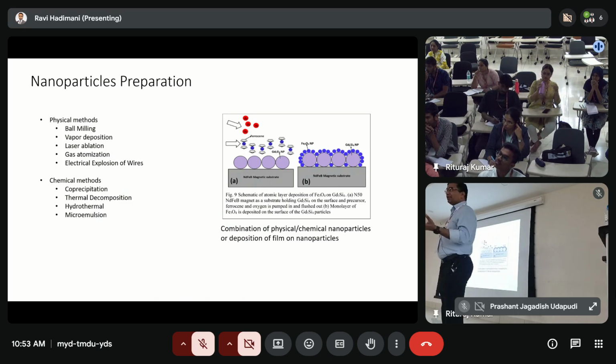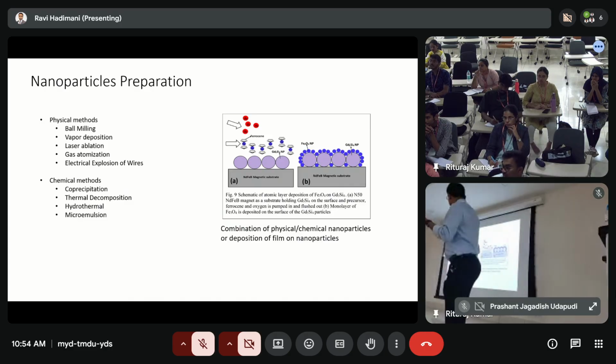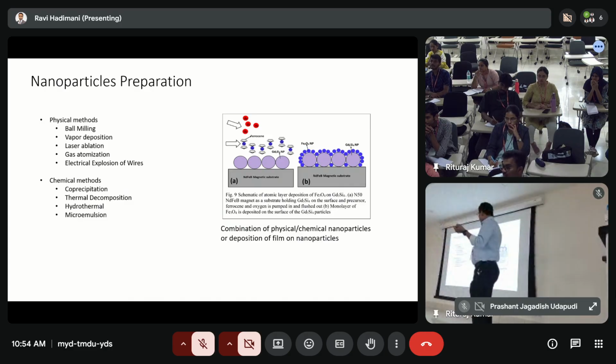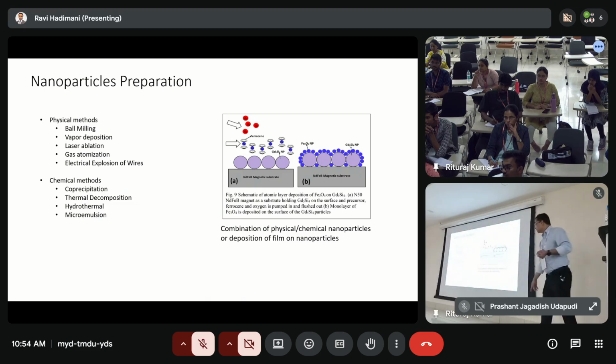But a lot of them will be amorphous because the balls hit so much, the energy is so much. Then you start to use certain techniques to minimize the energy and retain the crystal structure and not make them amorphous.